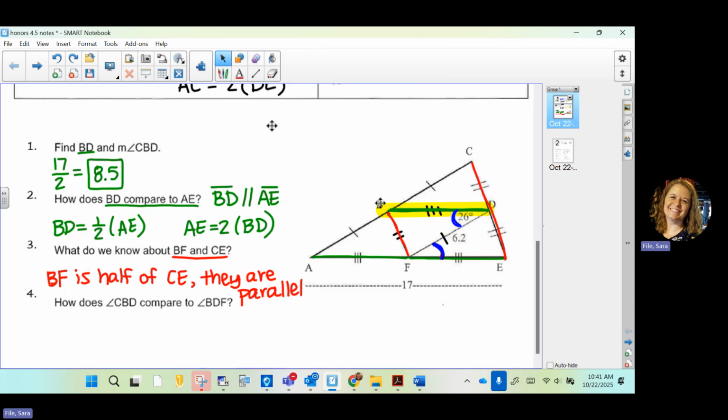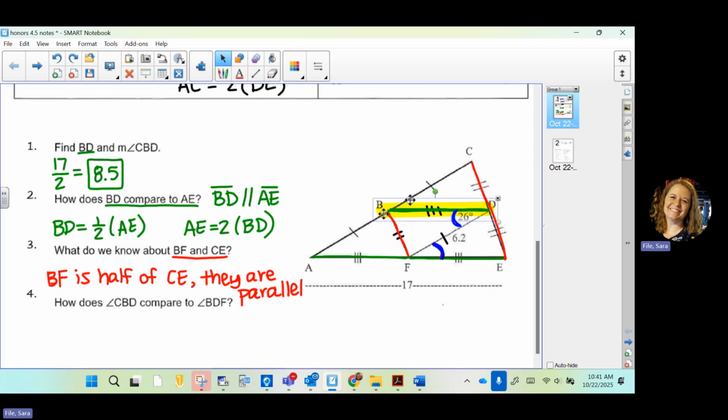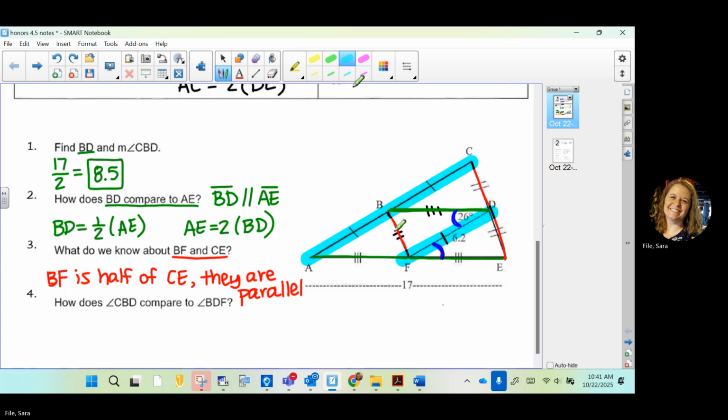Now if I take that highlighting away and focus on a different set of parallel lines and transversals, let's look at these parallel lines with the transversal here.